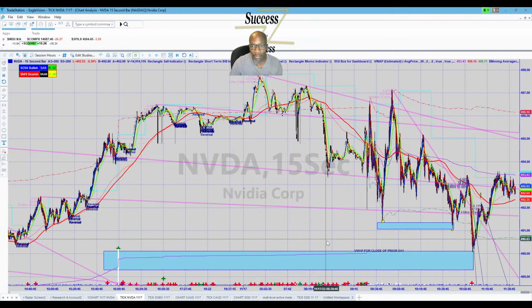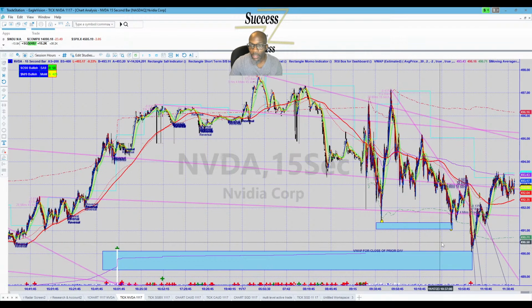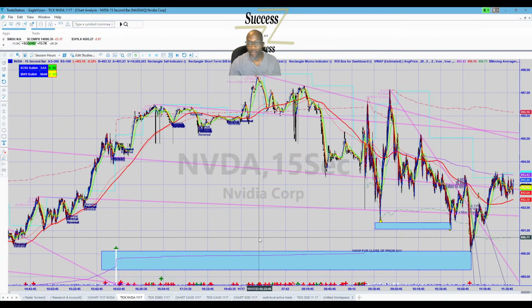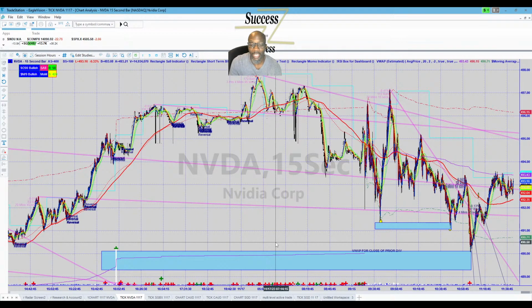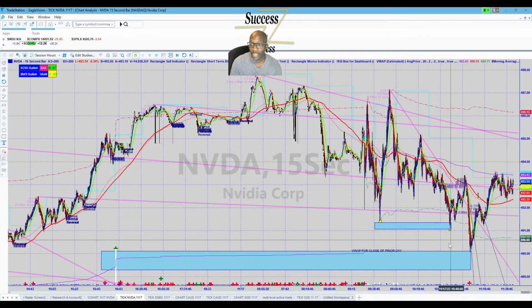But the VWAP, this line here, is where price came to and rejected for this day, right? And I mean, you can use anything for technicals, right? I mean, it has to work. Close of the day, high of the day, low of the day, VWAP, open of the day.